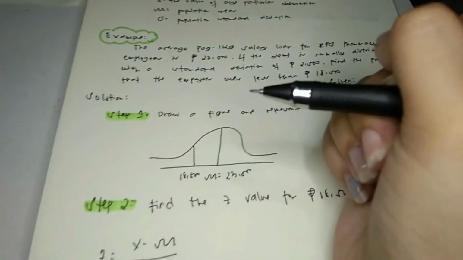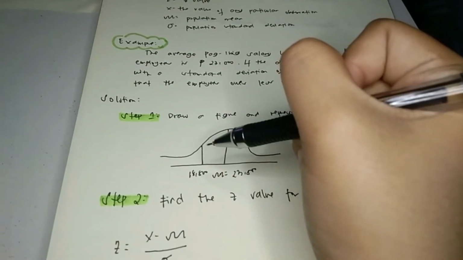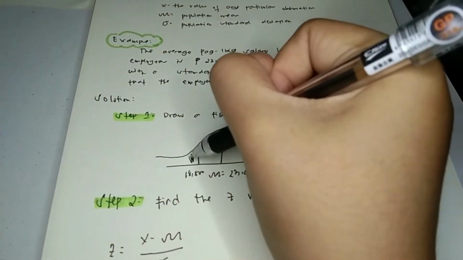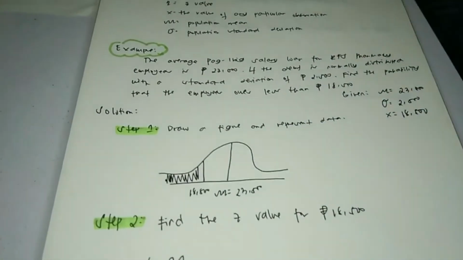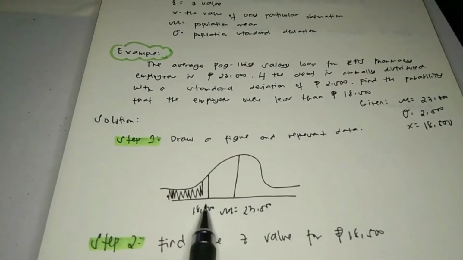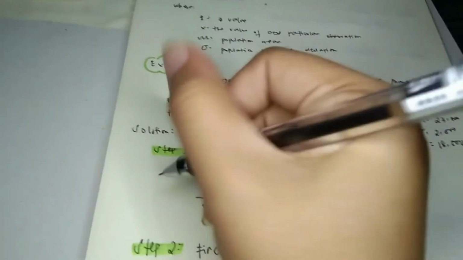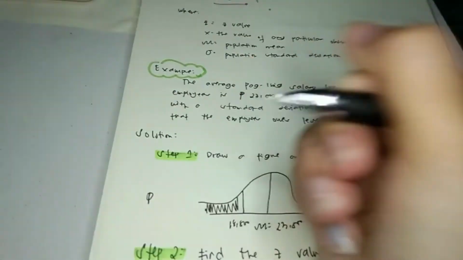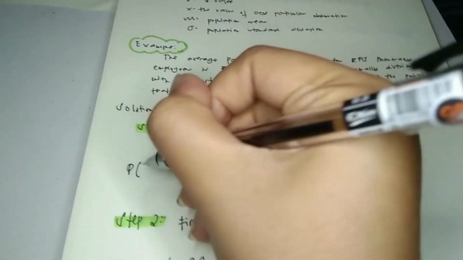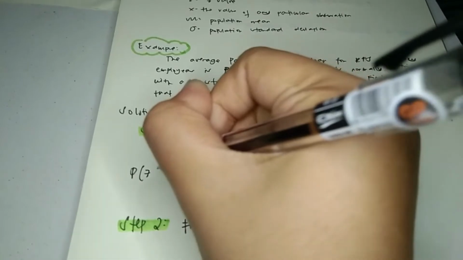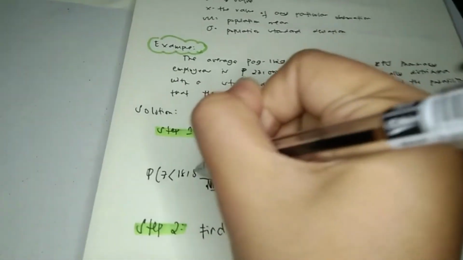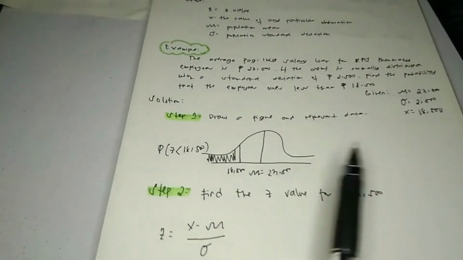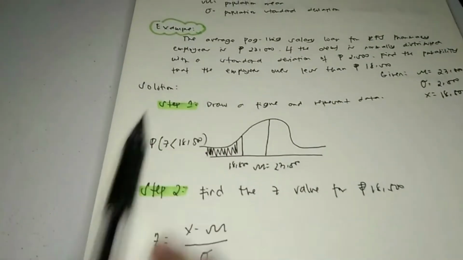Pagtapos natin i-place si 18,500 sa curve, isi-shade natin. Ito na yung represent dito. So, isusulat natin dito, P of z less than 18,500. Ito na yung figure at saka yung represented data niya.